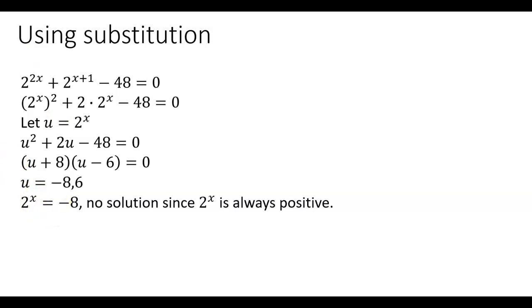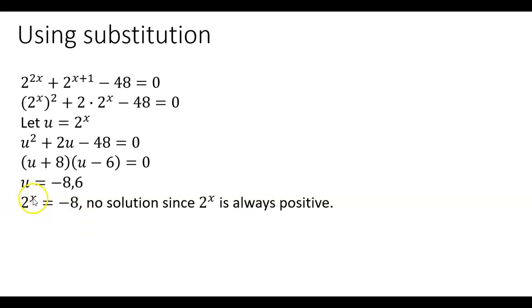Let's see why. If we let x be a positive number here, let's say 5, 2 to the 5th, no matter what positive number, you're raising a positive number to some positive power, and you're going to get a positive value back. If I let x equal 0, well, 2 to the 0 is just 1. That's still positive.